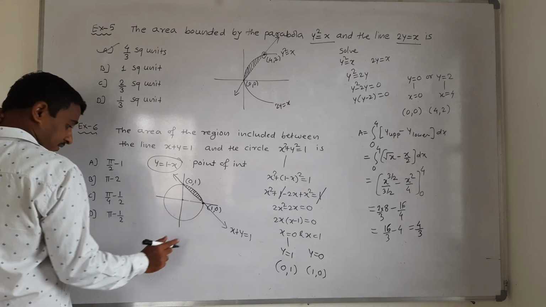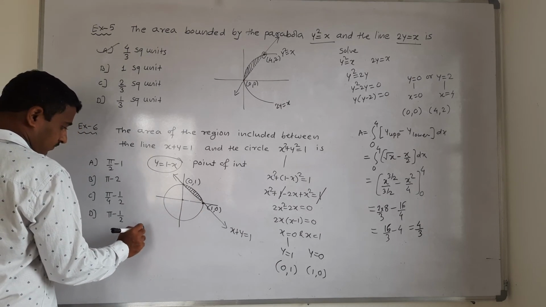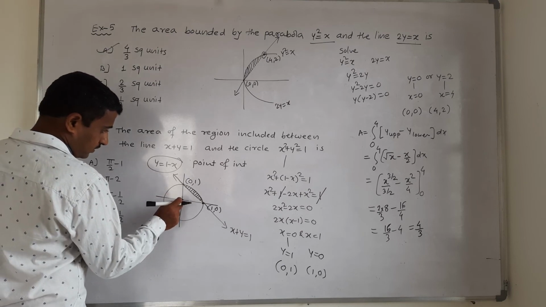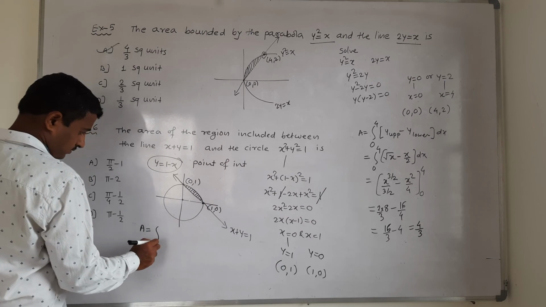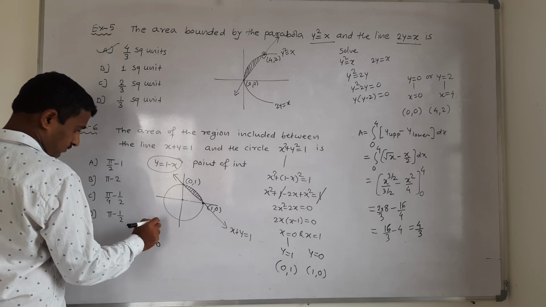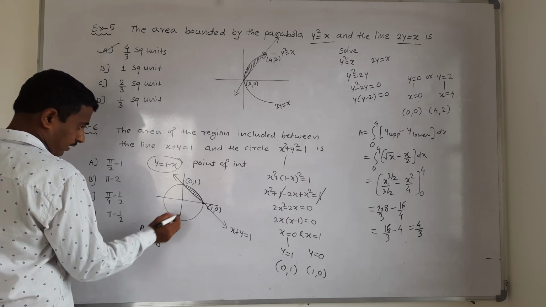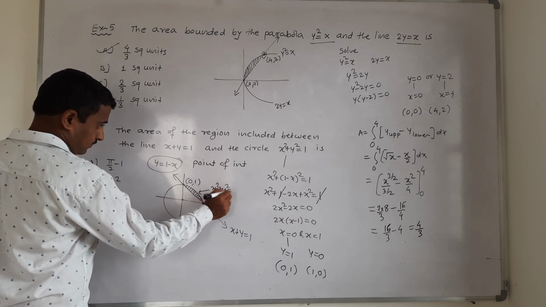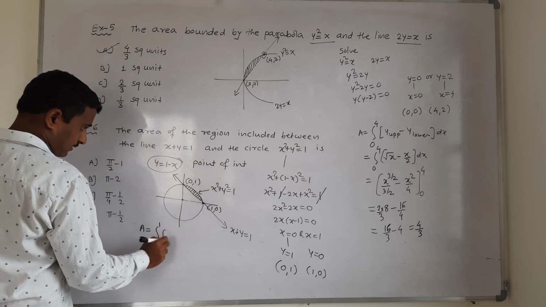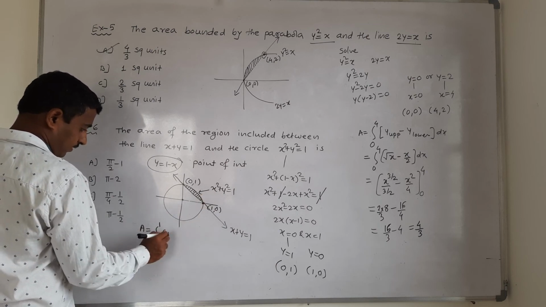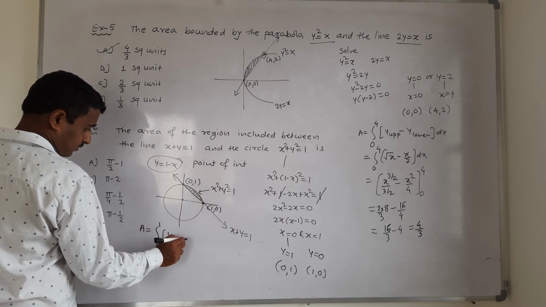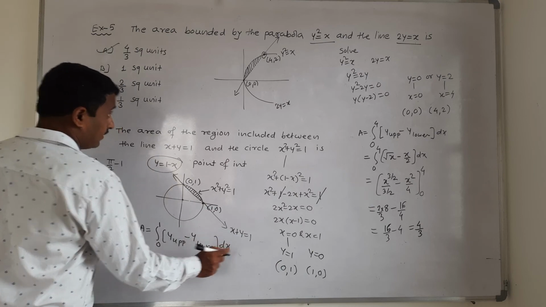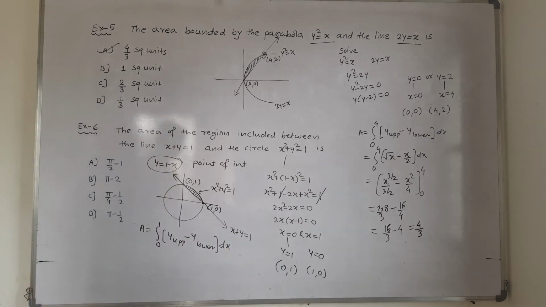Again y upper minus y lower. In the area, look at the variation, here from 0 to 1. Y upper is the circle, x square plus y square is equal to 1. From the circle's equation, y upper minus y lower dx.